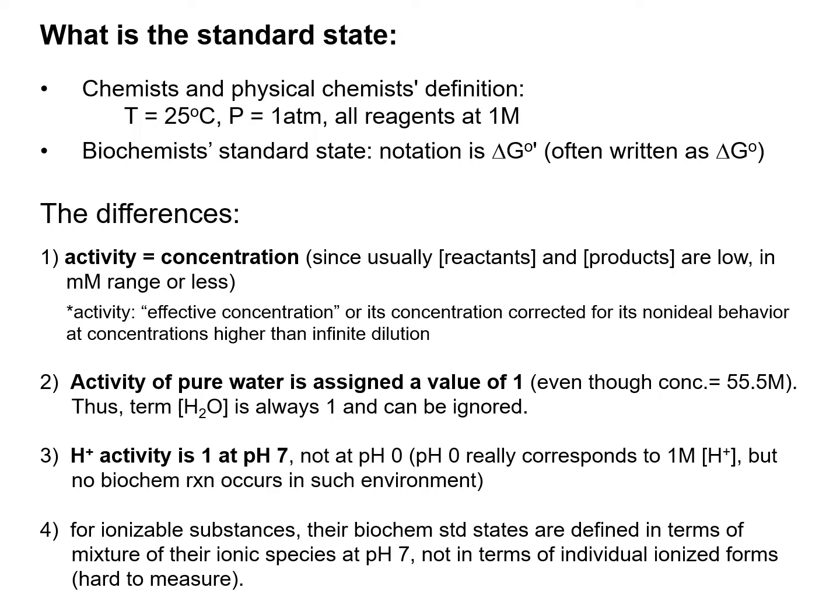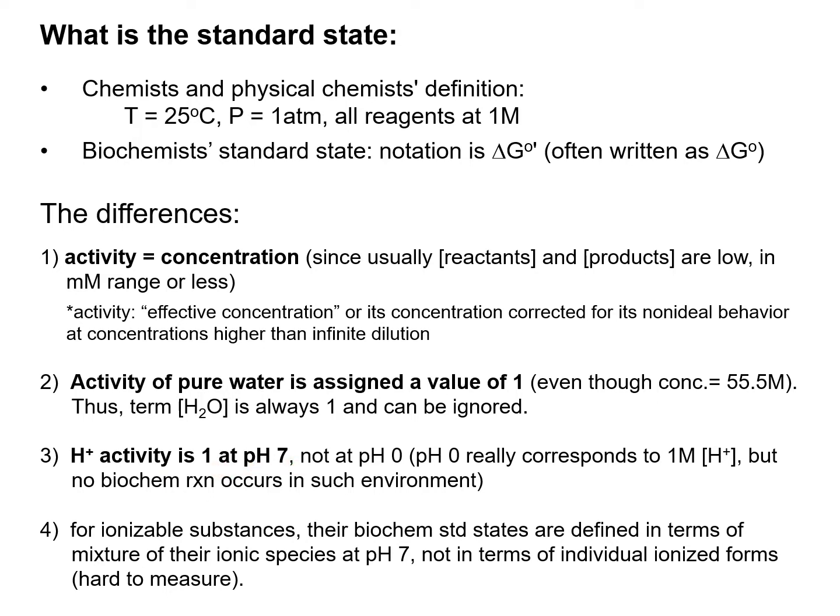In that case, the biochemist's standard state has the activity almost the same as the concentration because of the low concentration overall of the reactants and products in the cell. And also, the activity of pure water was assigned the value of 1 for simplicity. So you can just ignore the concentration of water for any biochemical reactions that happen within the cell. And also, hydrogen cation activity is 1 at pH 7.